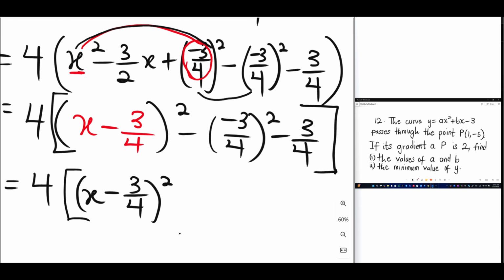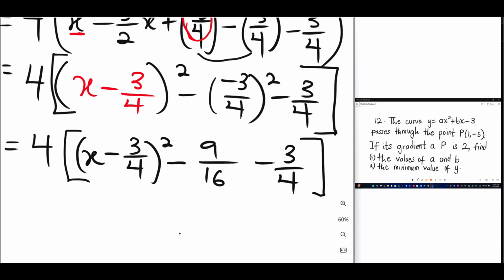Then let's now work on this. Negative 3 squared will give us 9, then divided by 4 squared is 16. Then minus 3 divided by 4. Close it nicely.